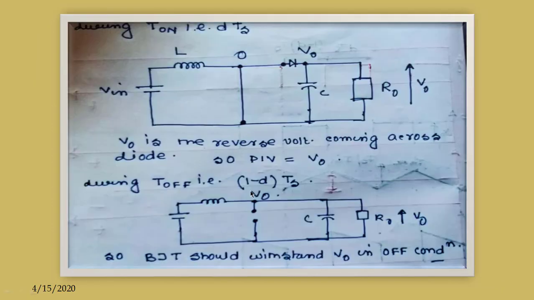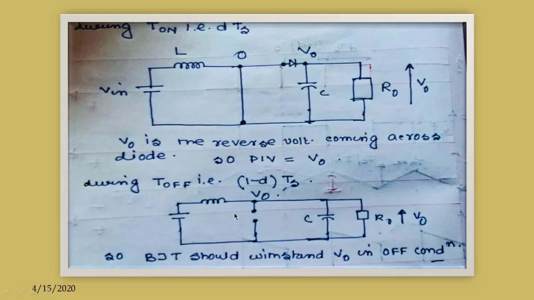Now a little more discussion. During on time the BJT is short, right? So here the voltage is 0, here the voltage is V naught. Now in this condition, that is in mode 1, diode is reverse biased. So the peak inverse voltage that has to be withstood by this diode is this V naught value.